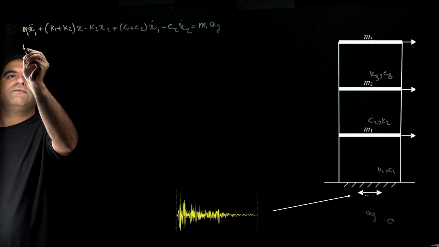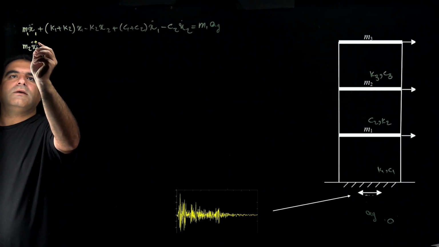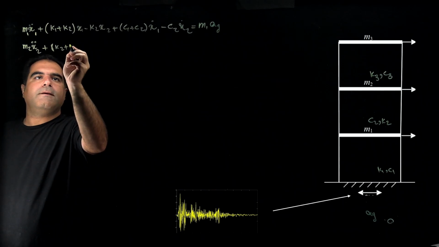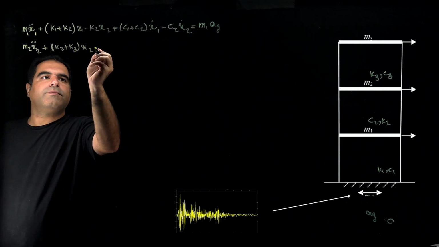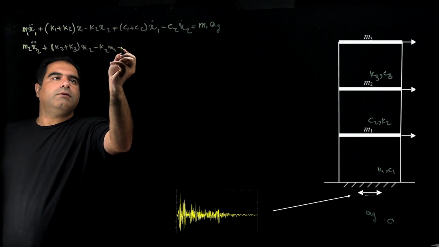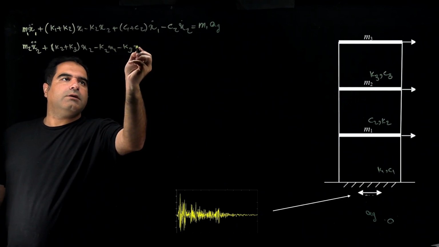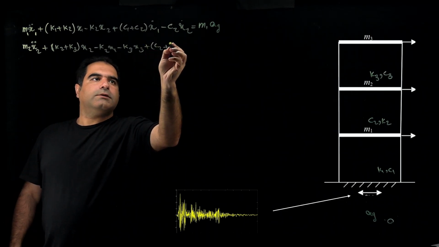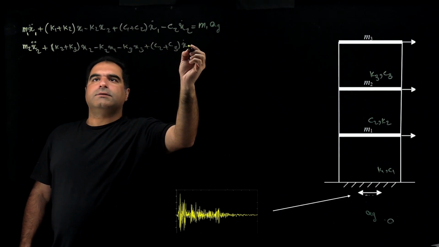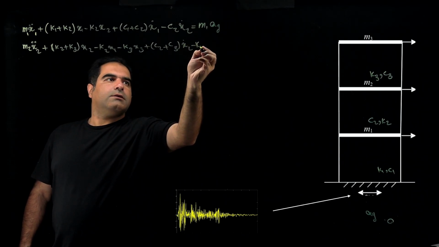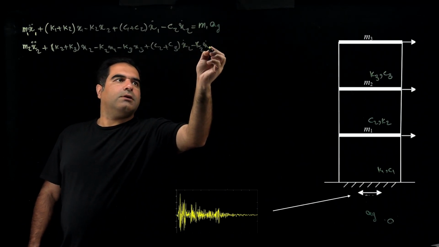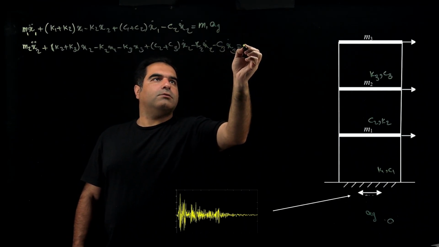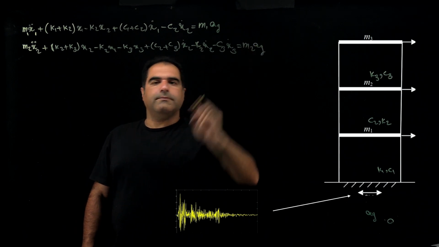For the second degree of freedom, it will be M2 x double dot 2 plus K3 x2 minus K2 x1 minus K3 x3 plus C2 plus C3 x dot 2 minus C2 x dot 2 minus C3 x dot 3 equal to M2 Ag.